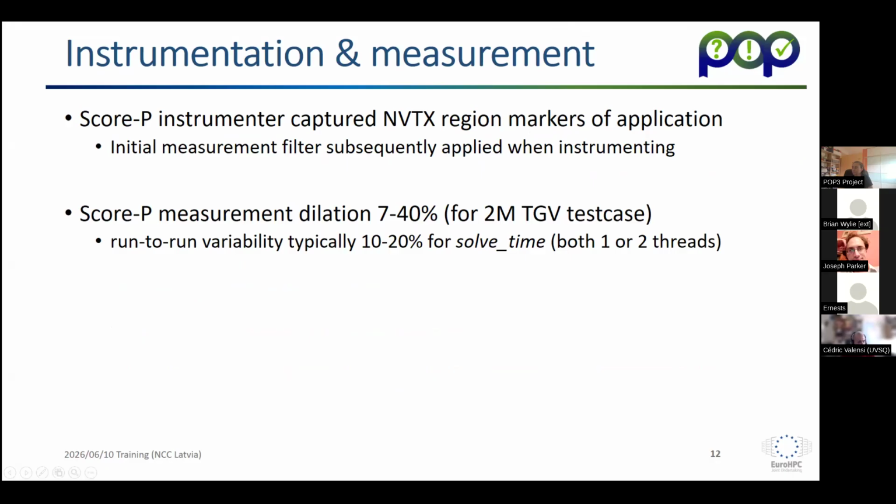In this case, we were seeing something between 7 and 40%, which is quite high, but we were also seeing a lot of run-to-run variation from the application as well. And we believe that that was partially related to the early access nature of the system and the fact that there was quite some interference from other activities on the system when measurements are taken.